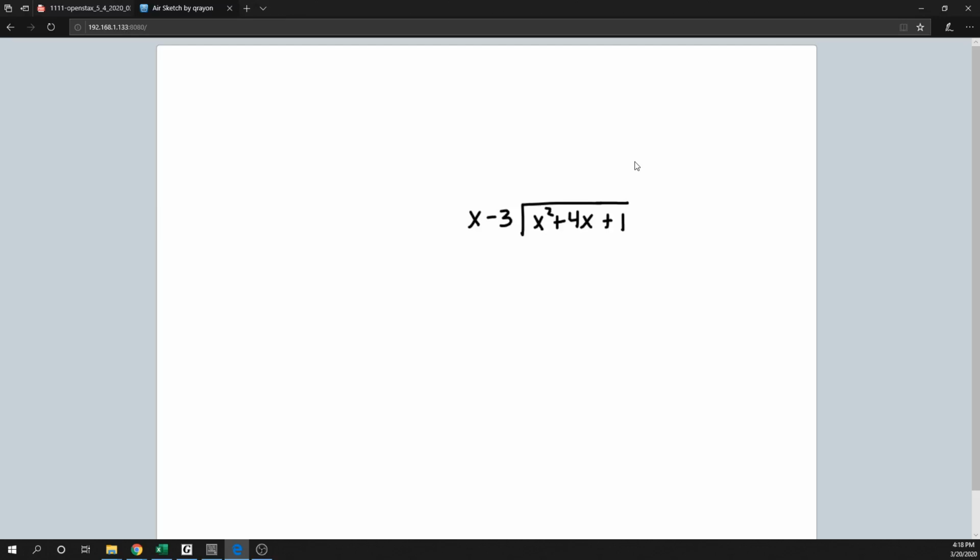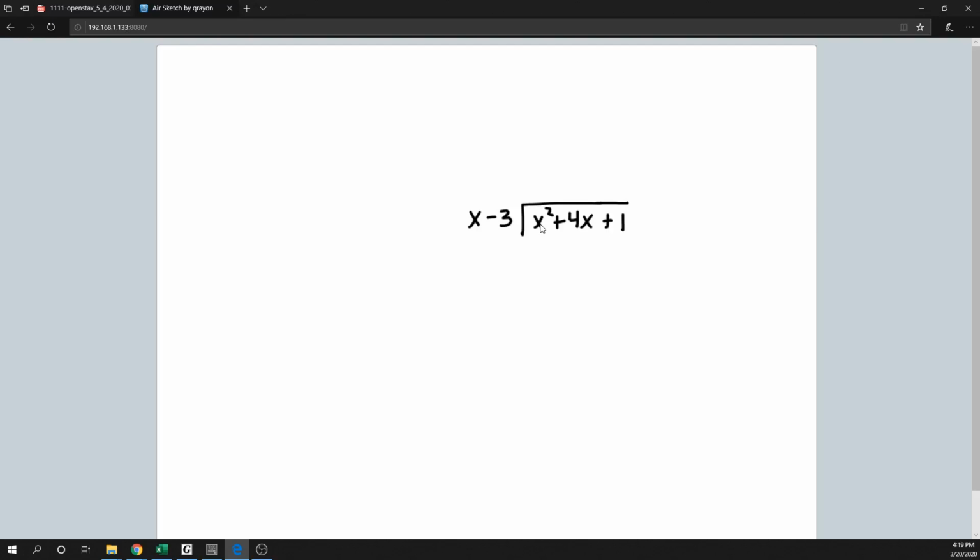Okay, so the first step is the division step. Again, that's going to be slightly different here. We're not going to ask how many times does x go into x squared without going over, or x minus 3 go into this x squared plus 4x without going over. What we are going to do is phrase that in an equivalent way and say, what would I multiply x by to get x squared?